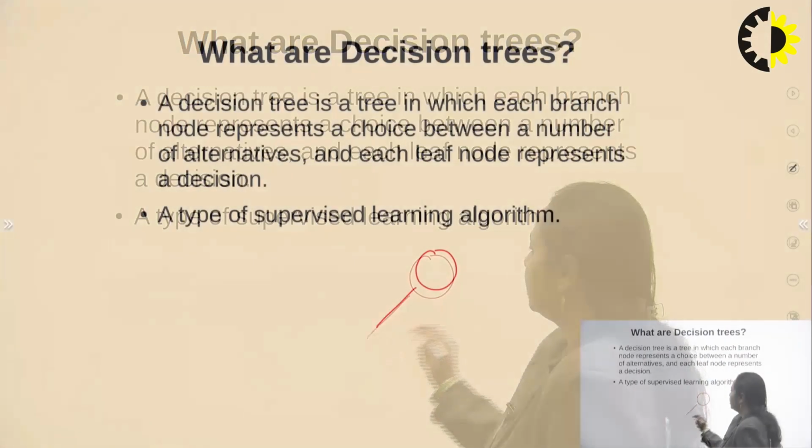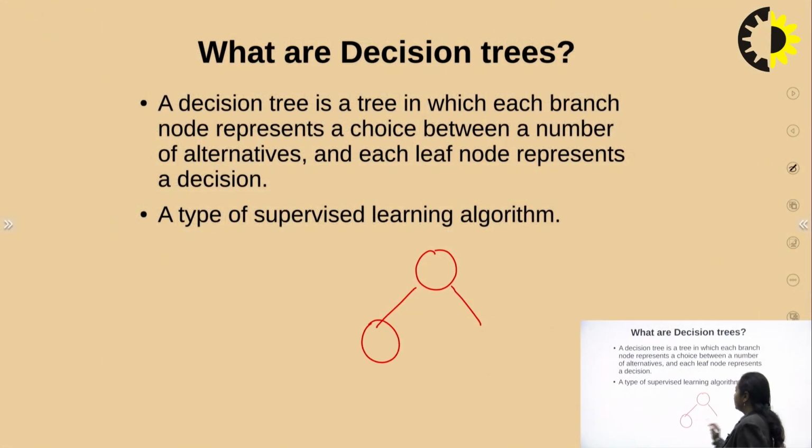There are some nodes and some edges connecting these nodes. These nodes represent decisions, the leaf nodes represent the final decision, and these edges or branches define the number of choices available.